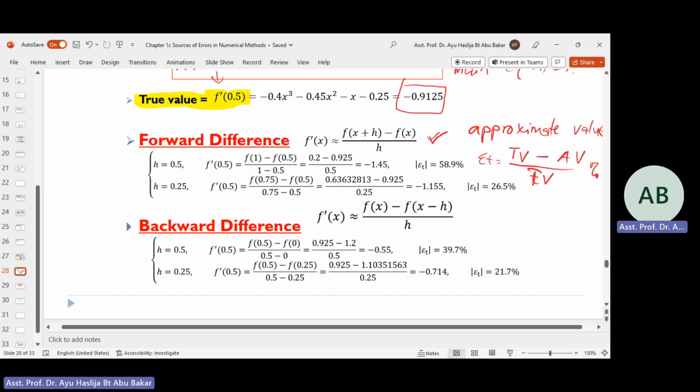Everyone sign already? Is that it? Okay, organic. Organic lesson. Aiman?